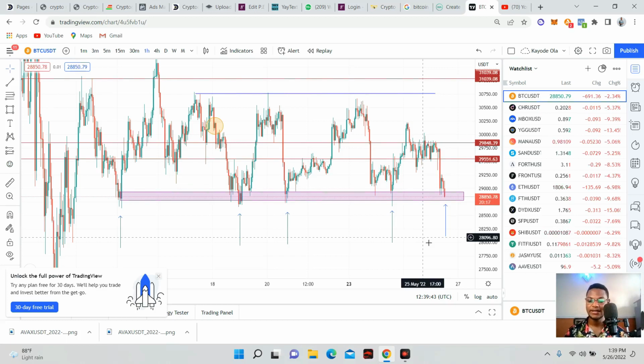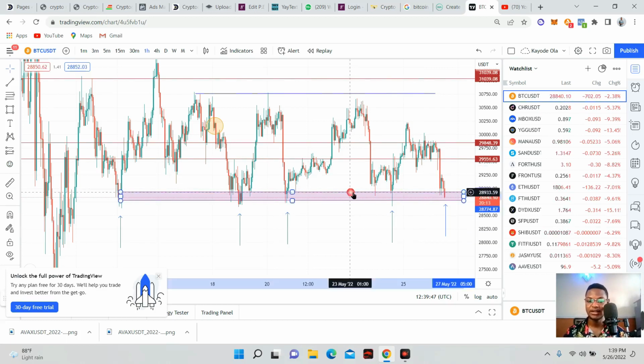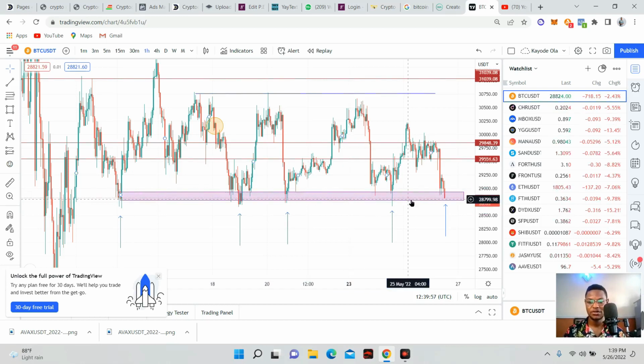But like I said, the market has already tested this area too much. There's too much pressure in that zone, which is likely to break. But of course, the market can decide to see another retracement to this particular upside.